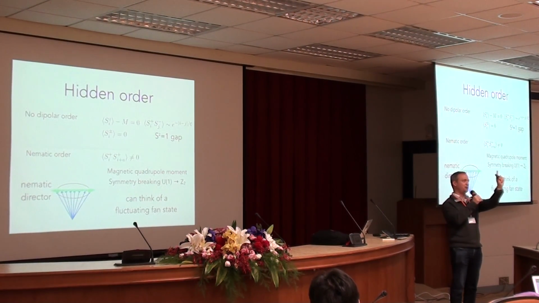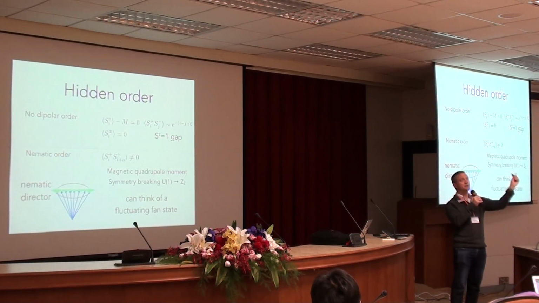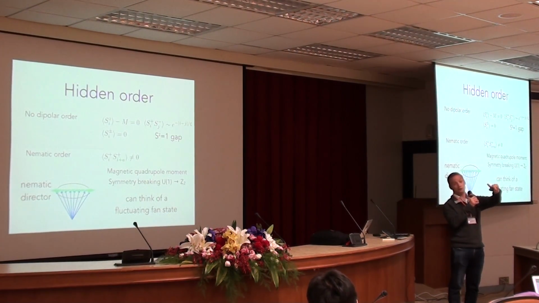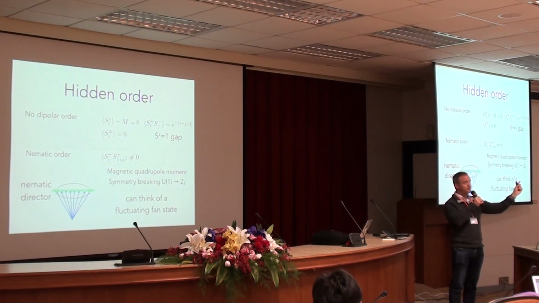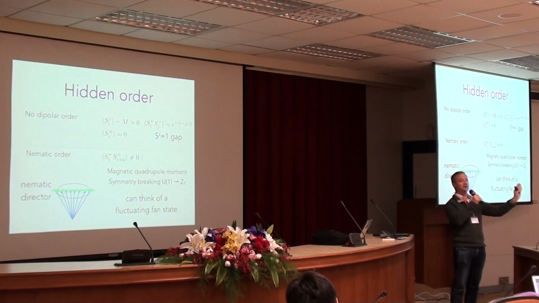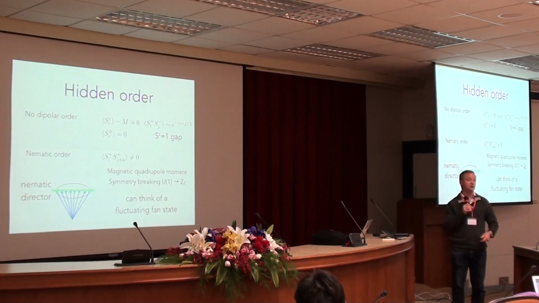As I move around in space, the spins will move within a plane containing the magnetic field. So that's called a fan state. A fan state fully breaks the spin rotation symmetry. But if you imagine now that the spins quantum fluctuate within this plane, so that locally I can't tell whether a spin's pointing here or here, they still would select the plane. So a quantum fluctuating fan state will have all the properties of the spin nematic.